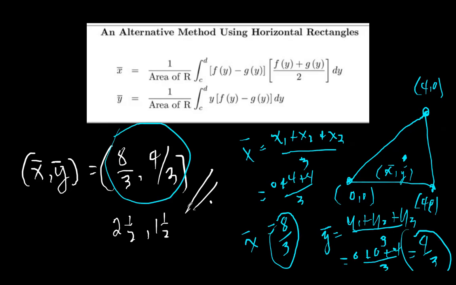So it's just a way to show that our answer is correct, but you're not supposed to be doing this in solving the centroid of the given problem, because this is not applicable to all.